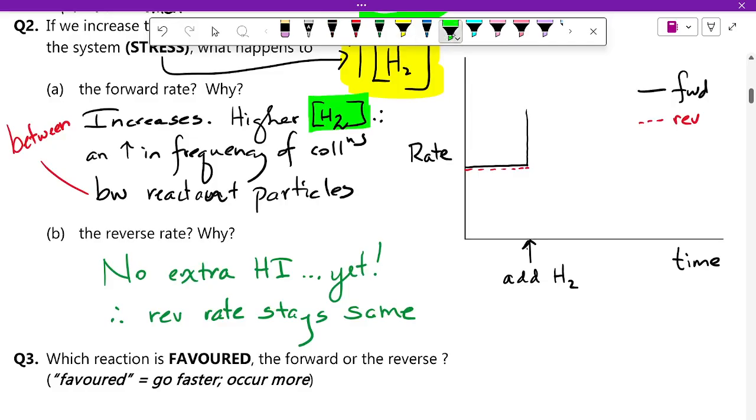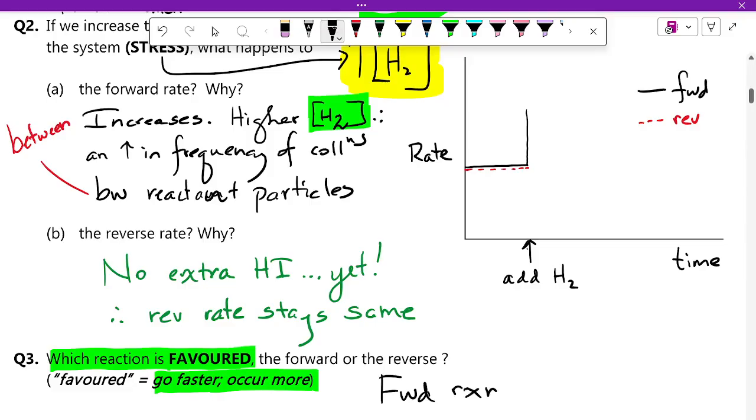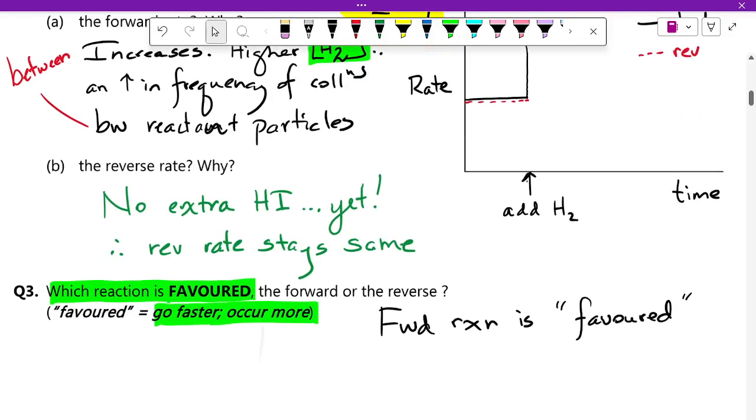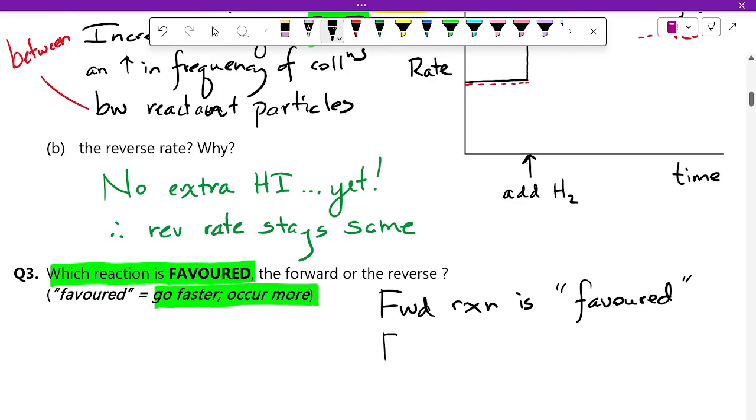And now we're going to ask which reaction is favored. What favored means is to go faster or occur more. Yes, forward. Forward reaction is faster than reverse.